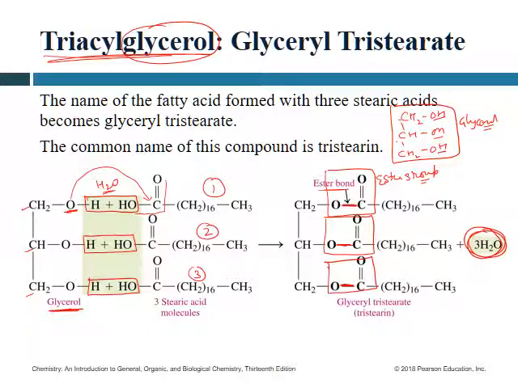In fat, we normally find an ester group when a glycerol and fatty acid combine together. They form an ester group, and the bond we call an ester bond. So this is how you normally make any triacylglycerol.